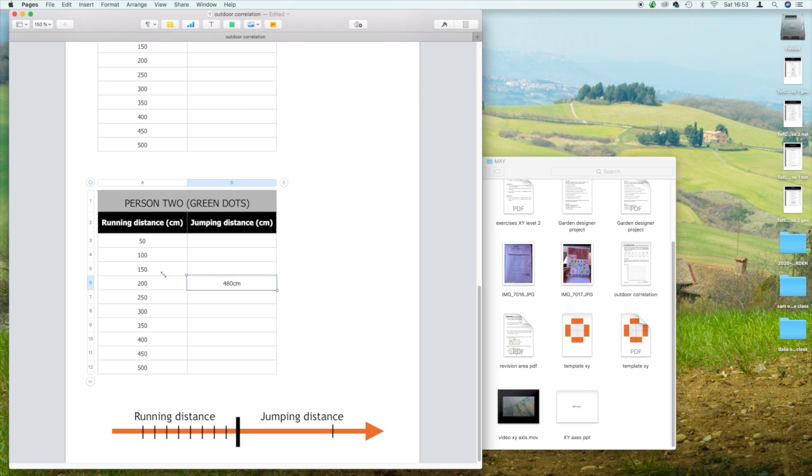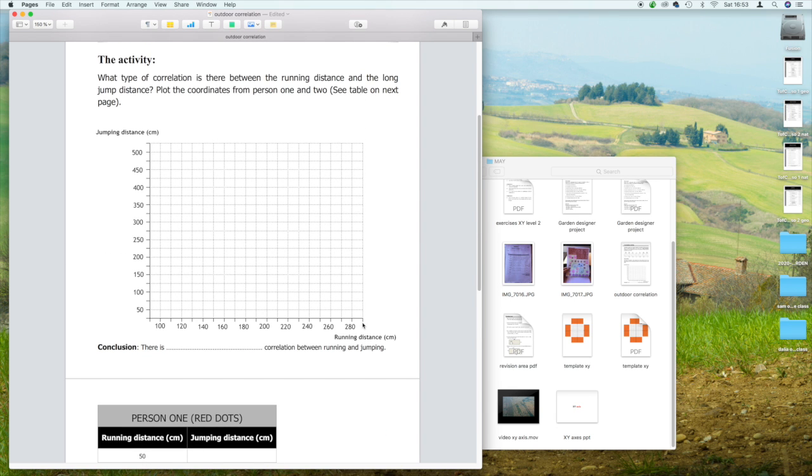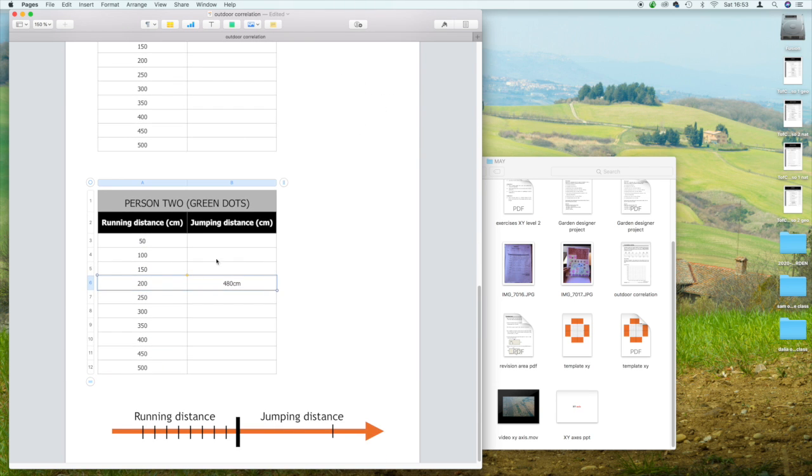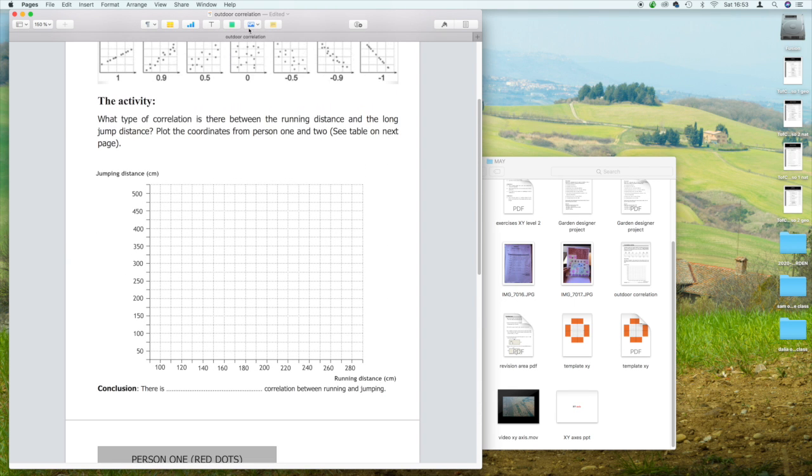What do I need to do now with these two numbers? I take my green pencil, and remember, running distance in my graph is the x-axis and the jumping distance is the y-axis. So I memorized 200 and 480.